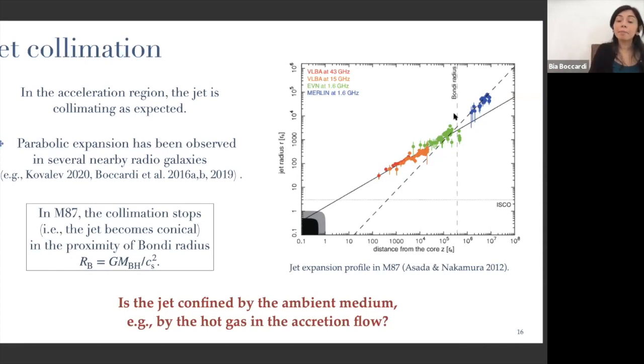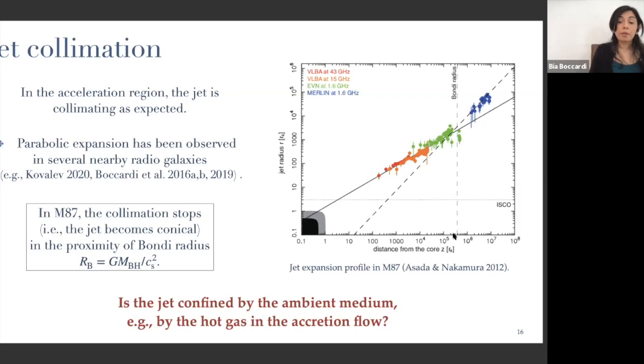And this transition seems to occur at a distance, again, of the order of 10 to the 5 Schwarzschild radii, which is comparable to the Bondi radius. So M87 is a low luminosity object, which is fed by a hot accretion flow. And the Bondi radius is simply the radius within which the gravitational influence of the black hole dominates over the thermal motion of the gas in the accretion flow.